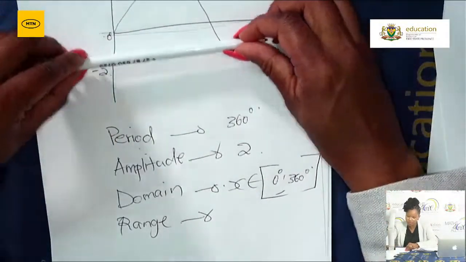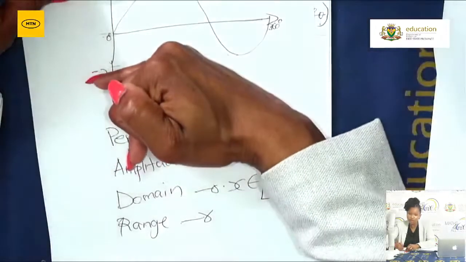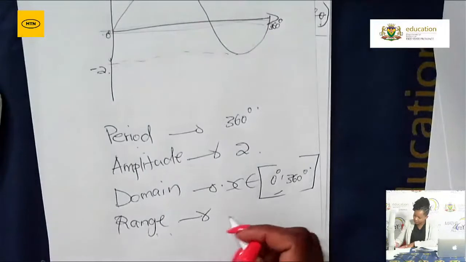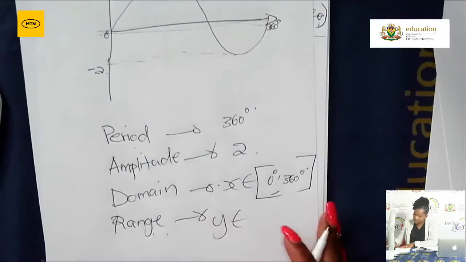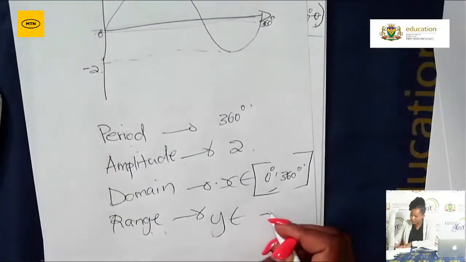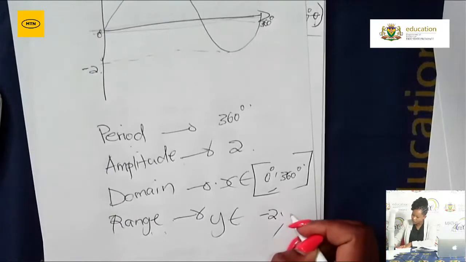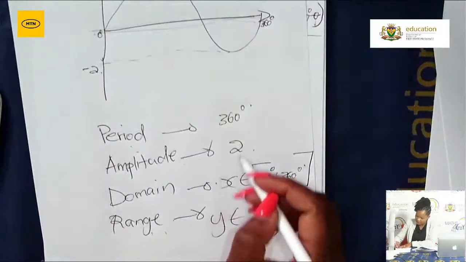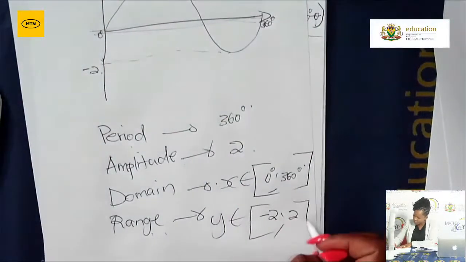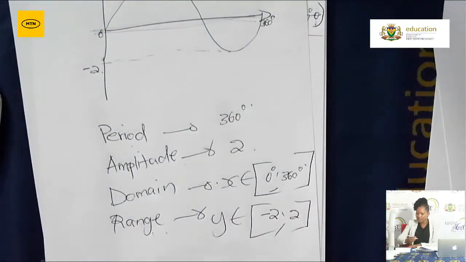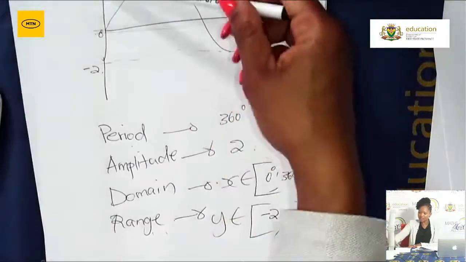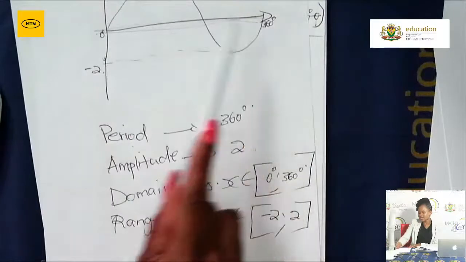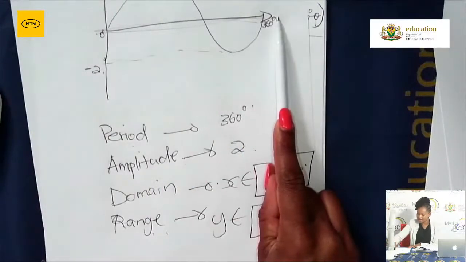Your maximum is 2. That means your graph is from negative 2 to 2. So your range will be y is an element of, you start with the small number, negative 2 to 2, with negative 2 included as well as 2 also included. So you must remember, learners, that for your range, you look at your y, and for your domain, you look at the x-axis where your graph starts and ends.